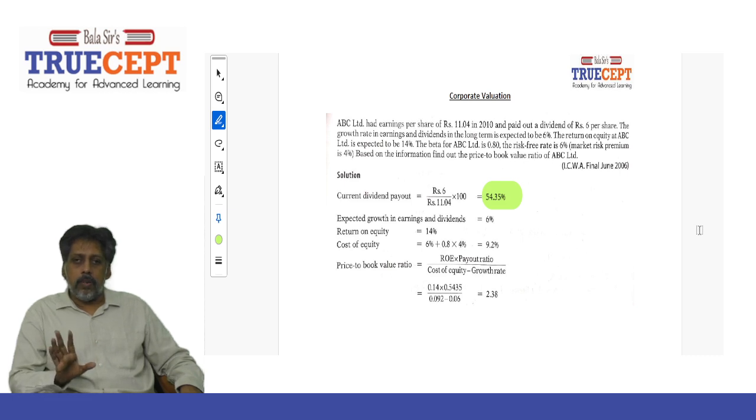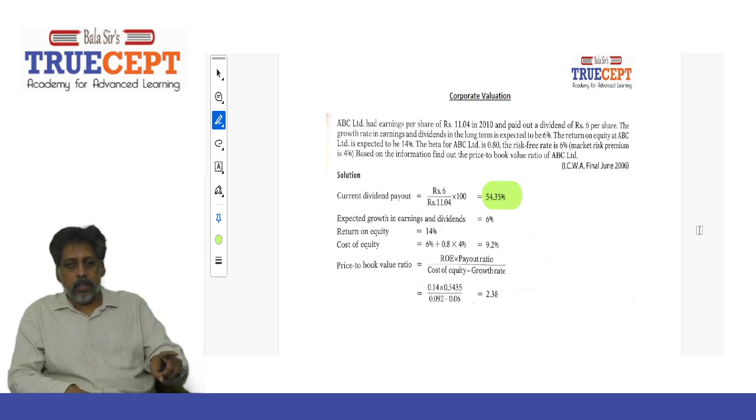And now, tell me, if I apply 54.35% on 11.04, I'll get the dividend per share. If I do earnings per share into the dividend payout ratio, I will get the dividend amount per share. Understood? Not a big deal, no brainer.